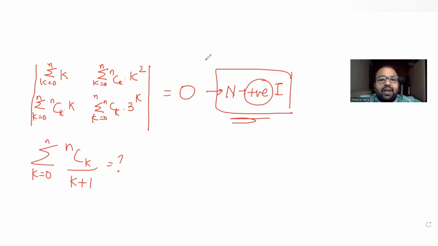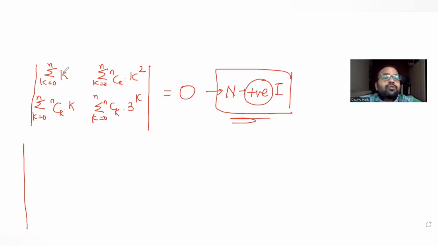First, I'll remove this now because I don't need it for now. Let's try to solve the determinant. Summation of k equals 0 to n of k is nothing but the sum of all the elements from 0 to n.